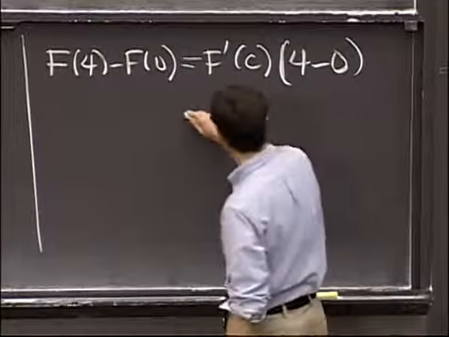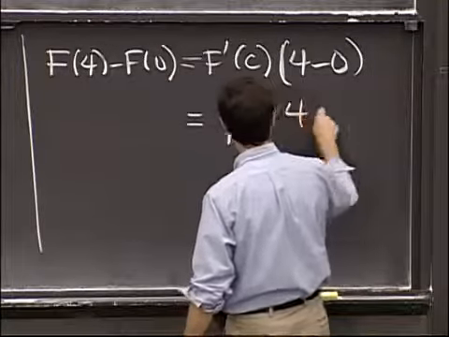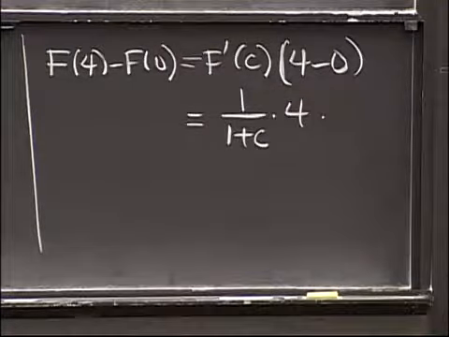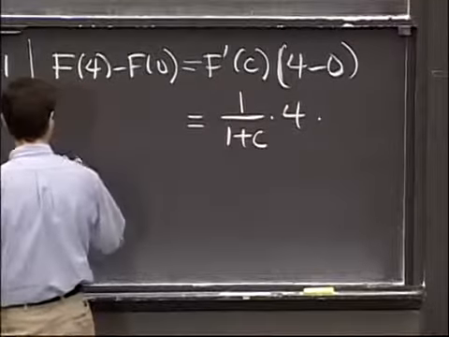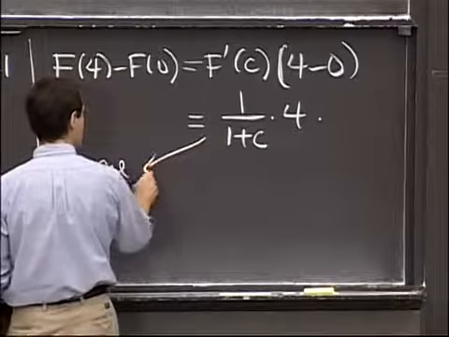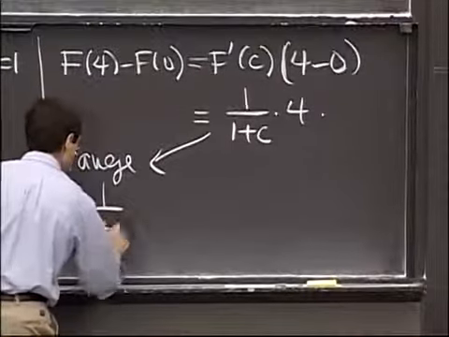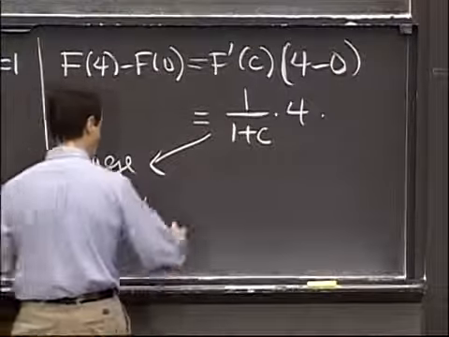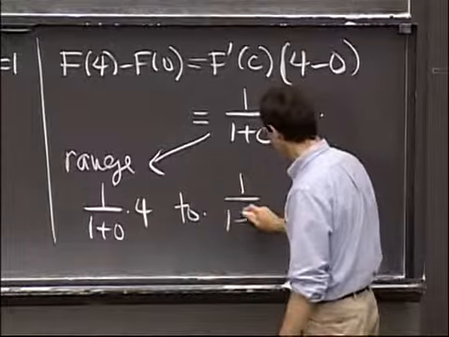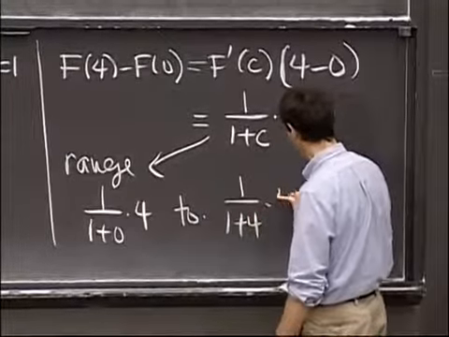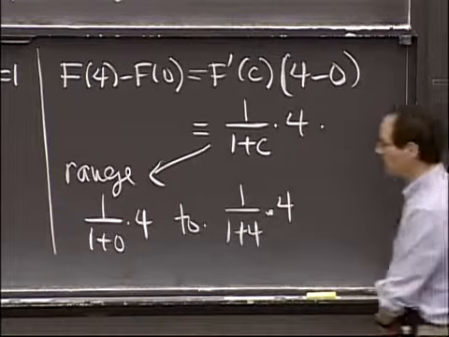And that's the same thing as 1 over 1 plus c times 4. And so the range of values of this number here is from 1 over 1 plus 0 times 4, that's 4, to, that's the largest value, the smallest that it gets, which is 1 over 1 plus 4 times 4. All right, that's the range.